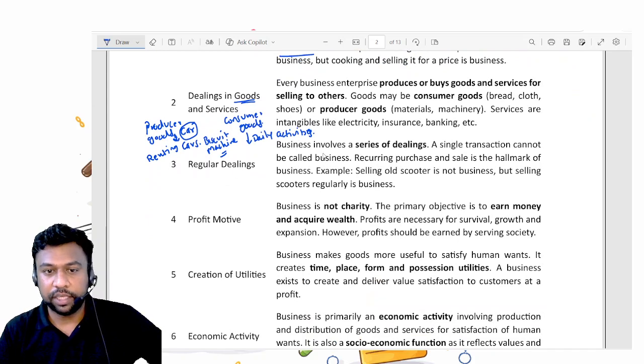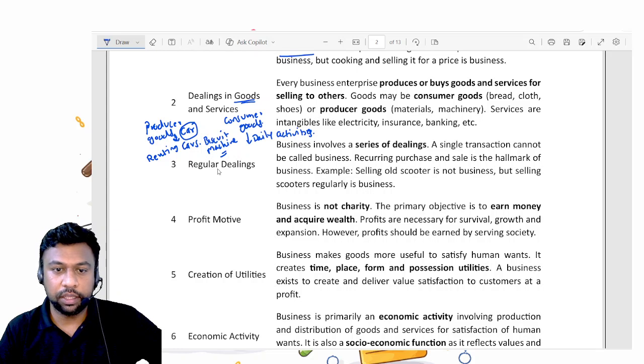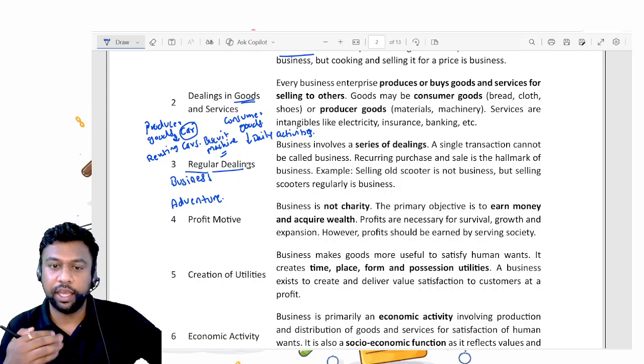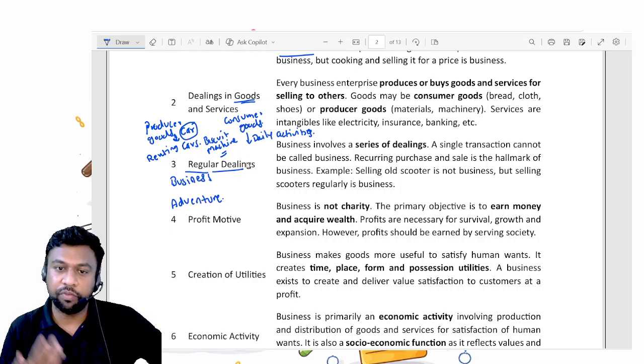Regular dealing: business involves a series of dealings. Now there are two things. One is your business, and one is called adventure. So business basically is regular dealing. Day by day you perform the same activity.